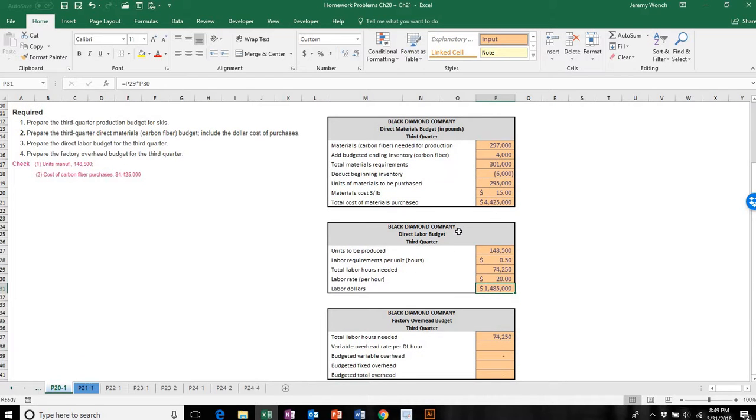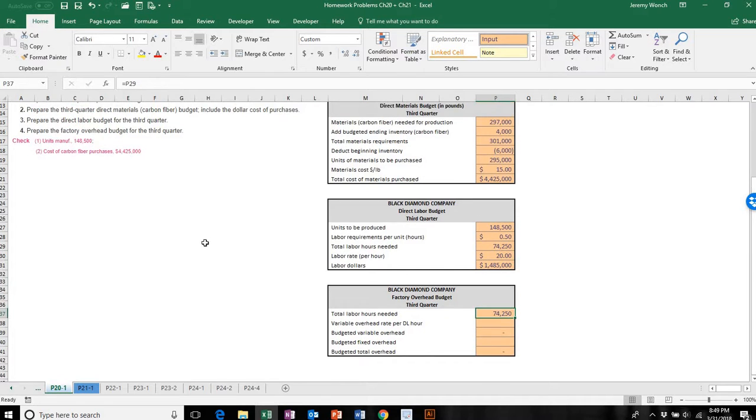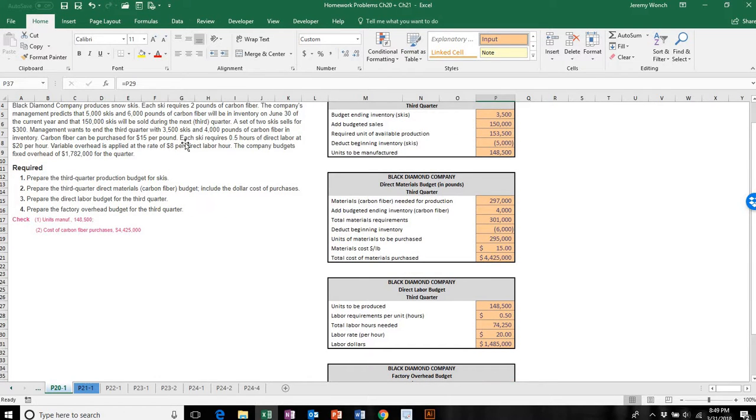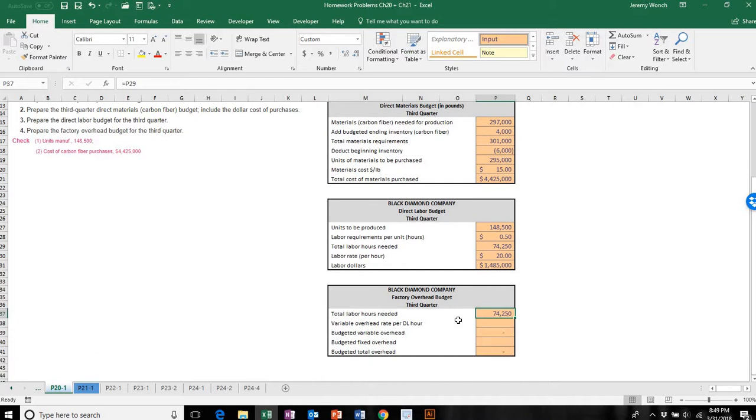And then this last one over here is our factory overhead. The factory overhead is going to be allocated based on direct labor hours, which says right here. So if we're going to allocate based on direct labor hours, plug in that 74,250 times the variable overhead rate.